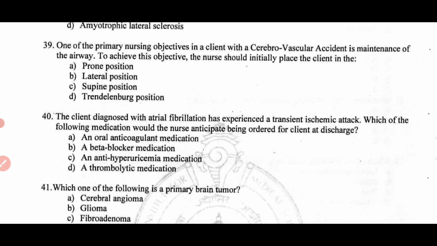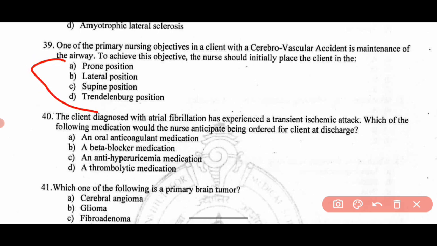Okay, so here Fowler's option is not at all present. Other than Fowler's, many options they have given, like prone, lateral, supine, Trendelenburg. So among these, which position do we have to give in order to maintain the patency of the airway? And here the right answer is lateral position. Why? To prevent aspiration of the salivary secretions or any kind of secretions.